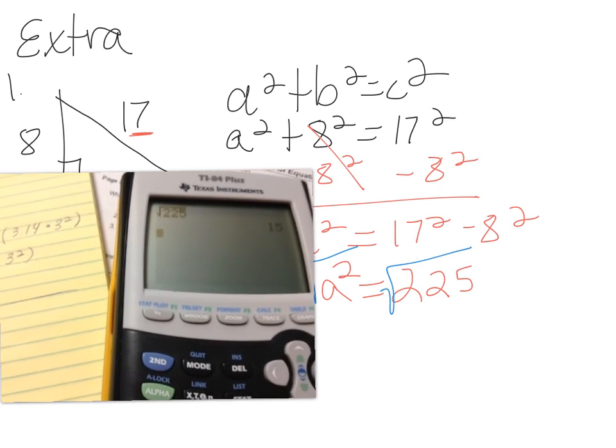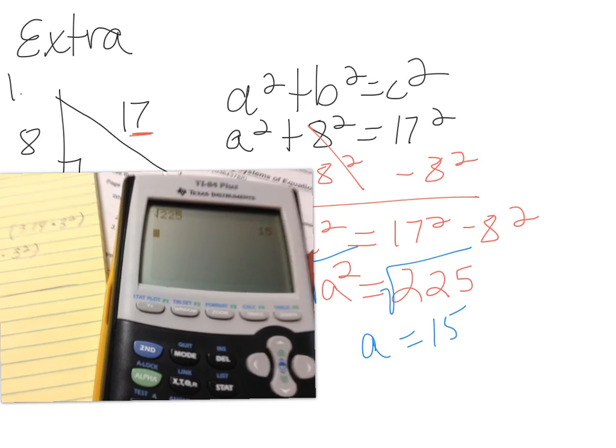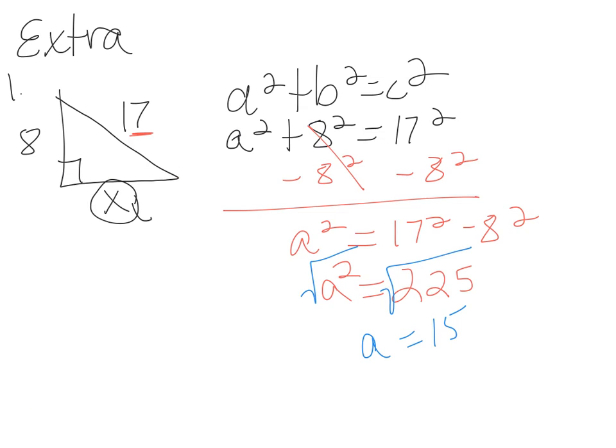Let's see if I can write it down. Okay, so your answer for the length of A, which we do not know, is going to be 15. And if you remember on the other side, the Pythagorean triple, 8, 15, 17, that would be another way to take a shortcut and get that answer.